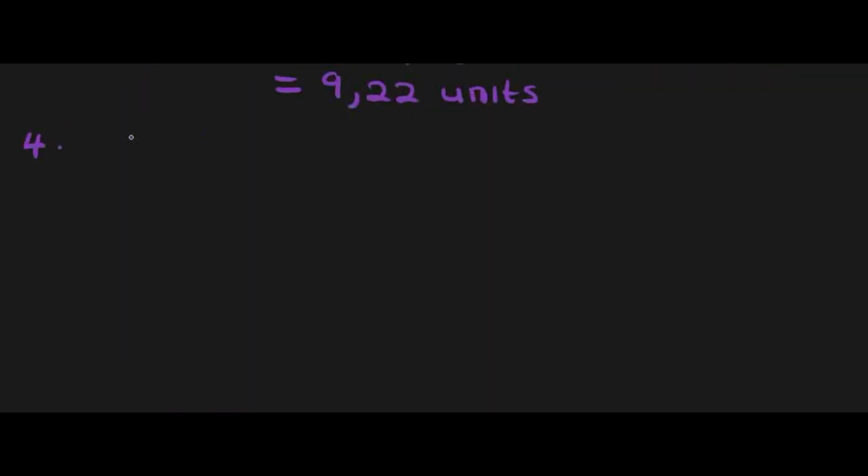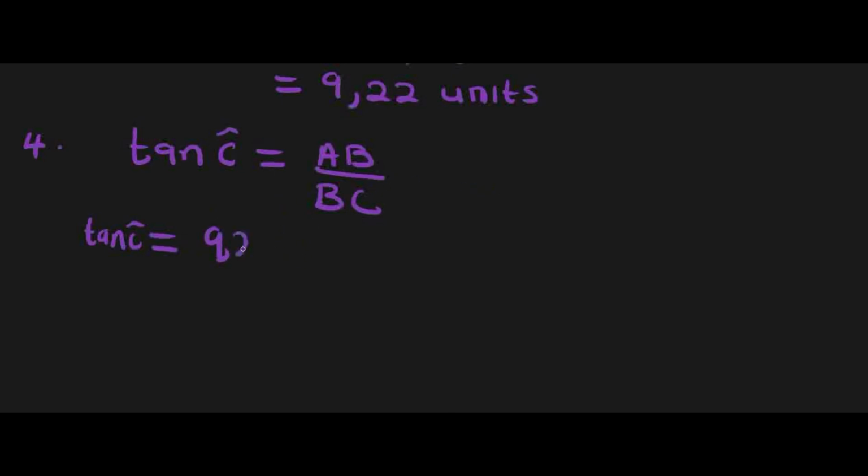Right, let us do that. So here we will say tan of angle C is equal to AB over BC. So tan C is equal to 9,22 over 12. Then now we will put this information in a calculator.